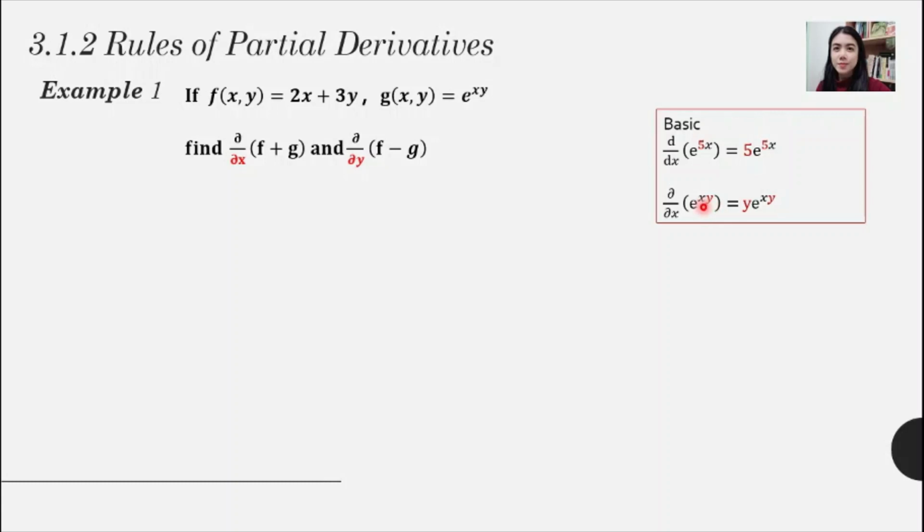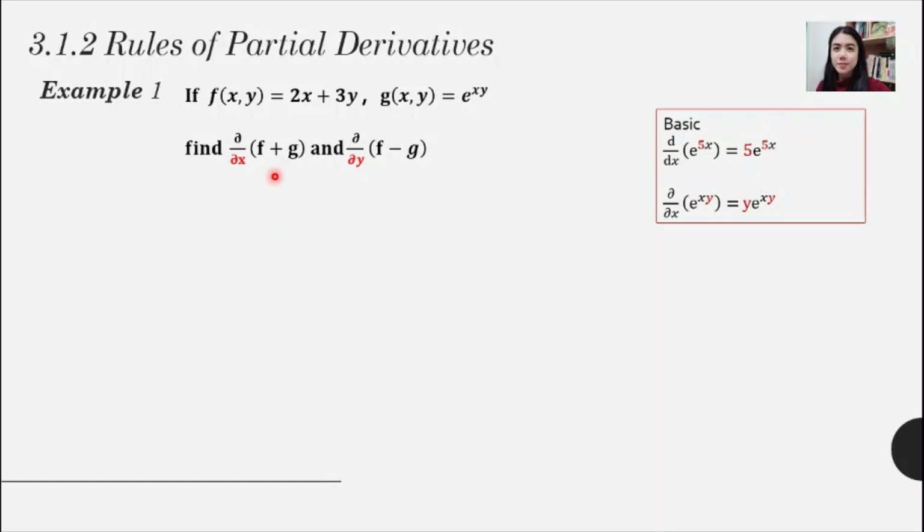You differentiate x, which is 1, and y is a constant. y multiplied by 1 gives you y. So put the result in front and then copy back the exponent. We are basically following what we did just now: take the coefficient of x and put it in front. Okay, so that is the basic.